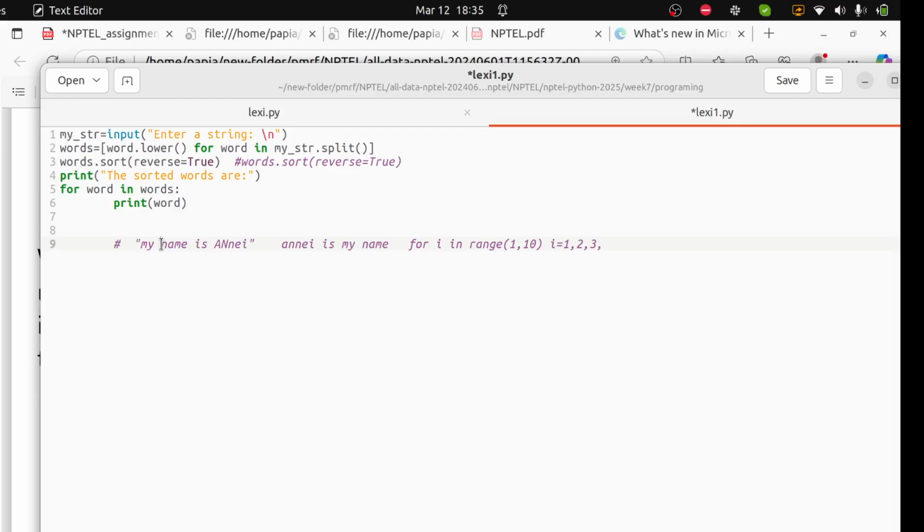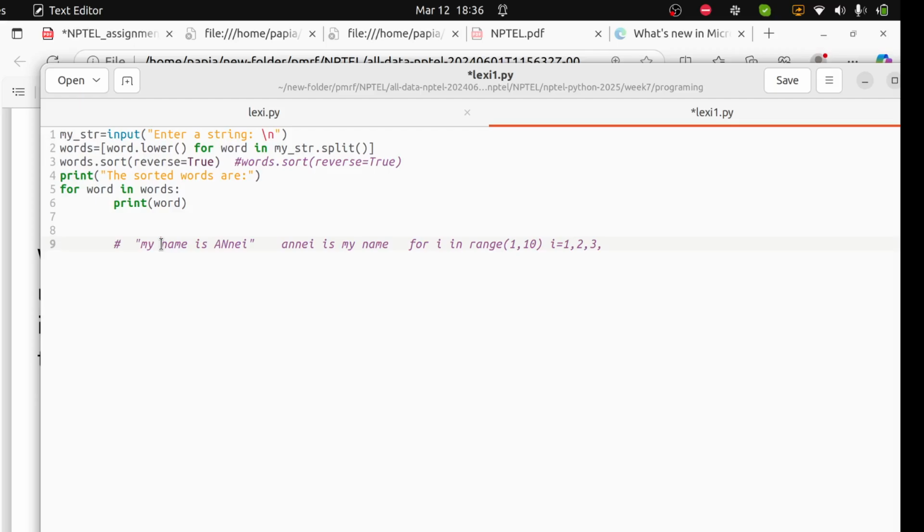But a word will be whenever we have a space, there only we will have a word. Now what do words mean? In our case, words will be nothing but a string. Previously it was a total string, but right now words will be like my name is Annie. So this will be there.